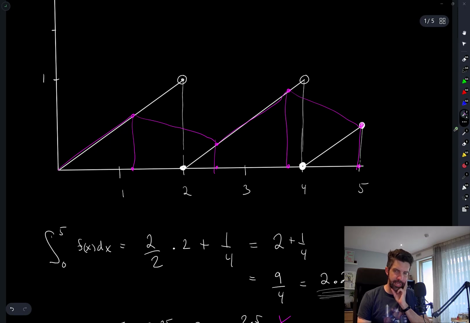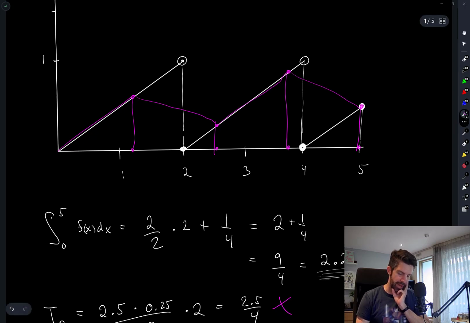I mean, I could see for other bounds of integration, if this were not an integer, maybe there are times when you get a trapezoid up here like this, and then another trapezoid across like that, and then another one down to there or something.